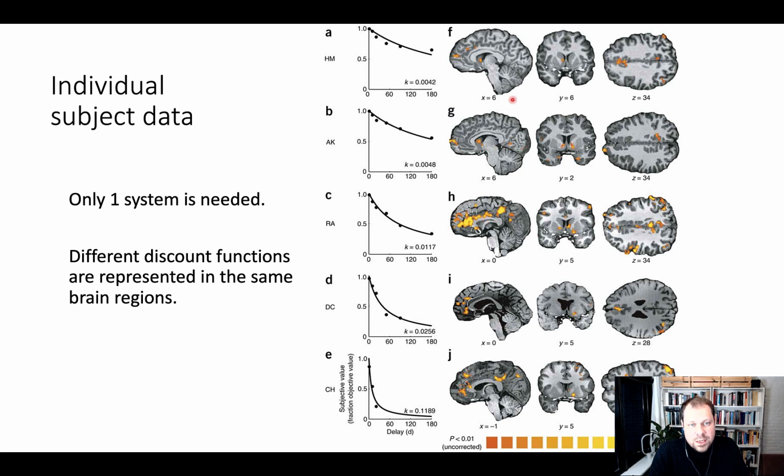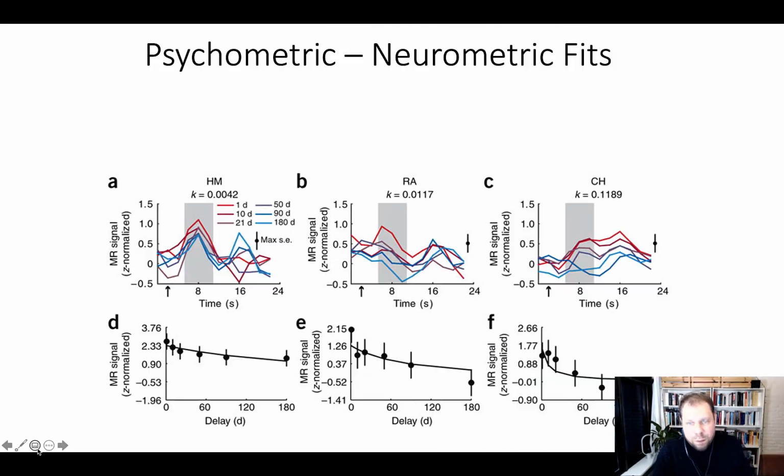But I would say you can always see some region in ventromedial prefrontal cortex, although the distribution or the exact location of this region changes. You can always see the ventral striatum being activated and basically tracking these subjective discounting models. And you can always see posterior cingulate cortex being activated across all different types of subjects.